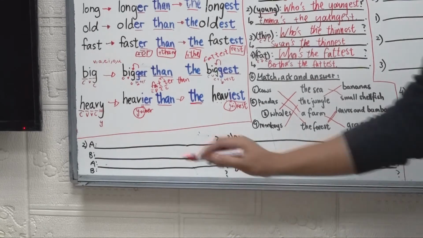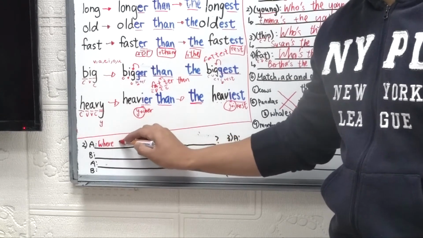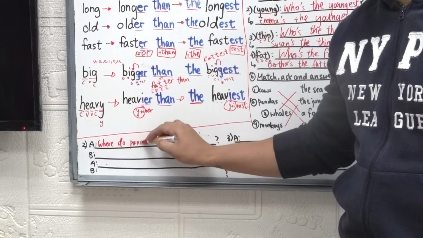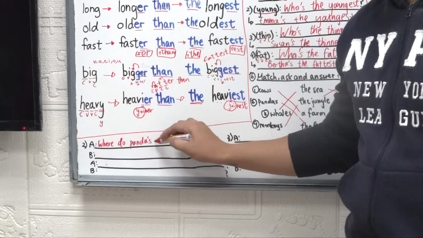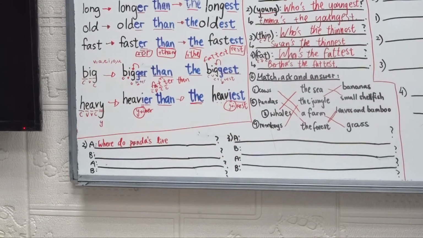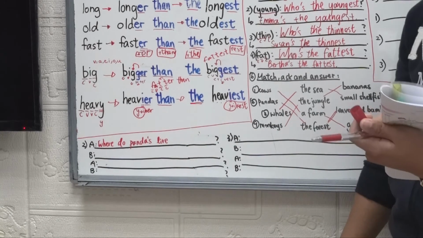It should be: Where do pandas live? Question mark. You just copy the question from part A, except you change cows to pandas.